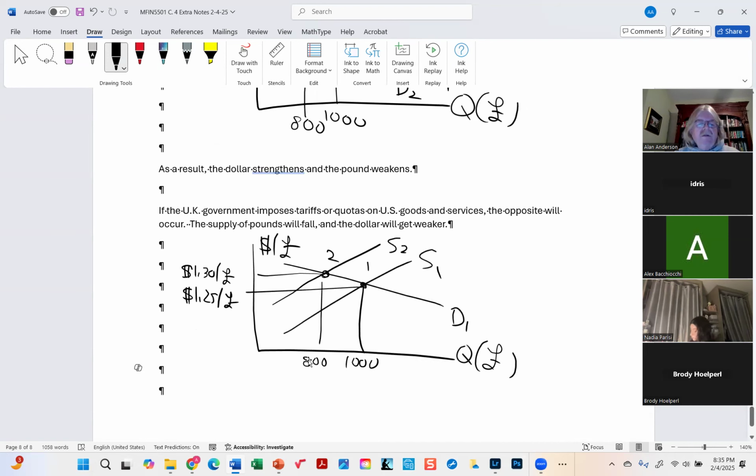Okay, so this will weaken the dollar, and the pound strengthens.